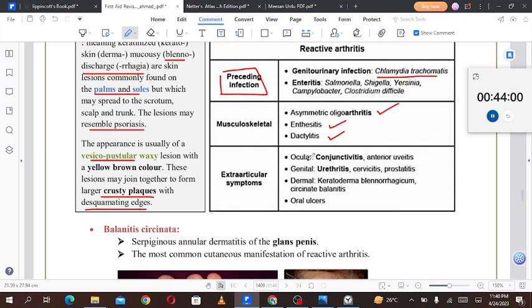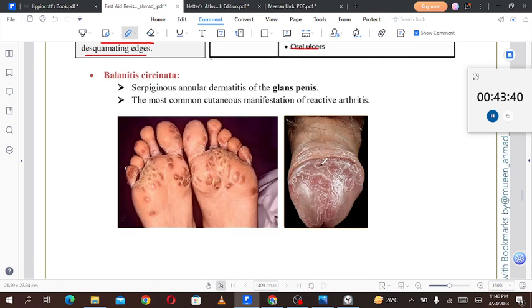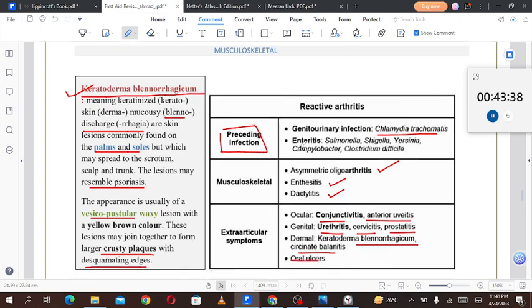Extra-articular symptoms: ocular, which can cause conjunctivitis and anterior uveitis. Genital symptoms include urethritis, cervicitis, and prostatitis. Dermal findings include keratoderma blennorrhagicum, the one explained over here, circinate balanitis, and oral ulcers.